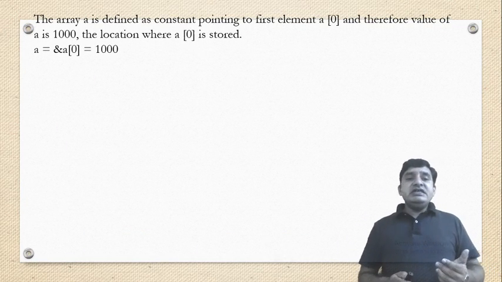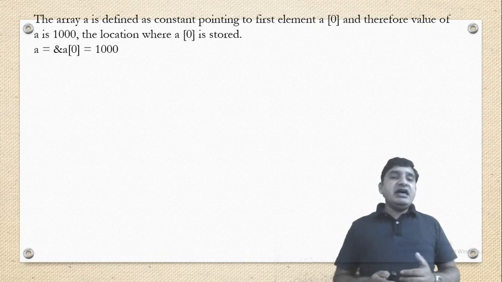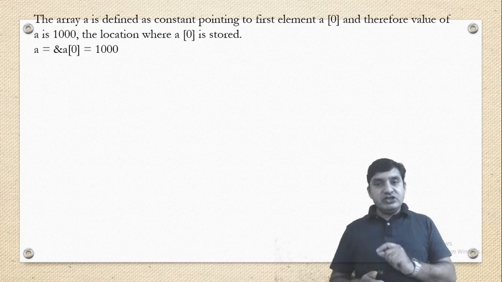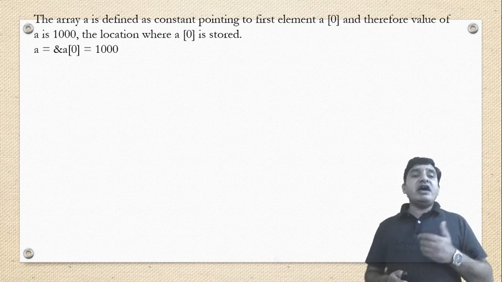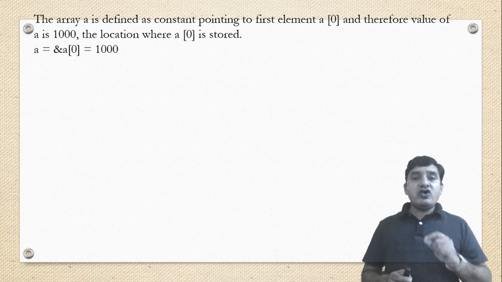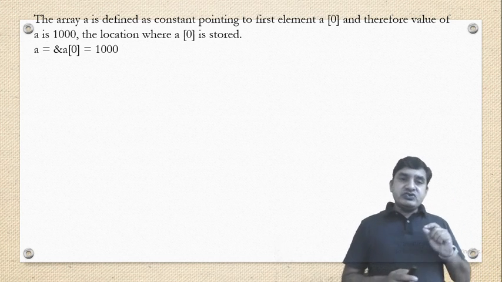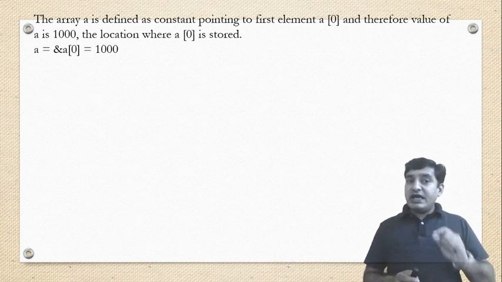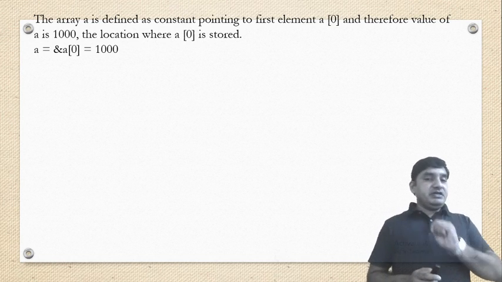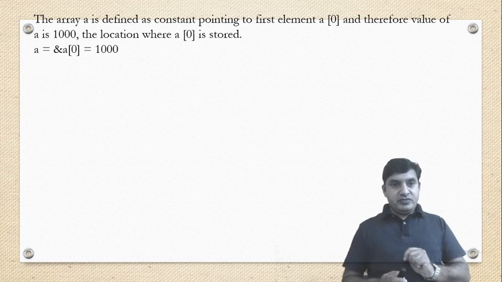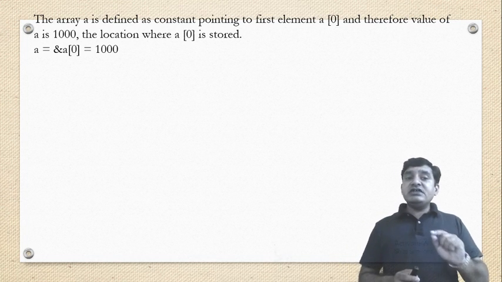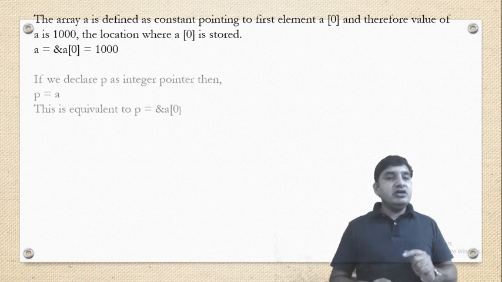The array a is defined as a constant pointing to the first element a[0], and therefore the value of a is 1000. The location of a[0] is stored, so a is equal to the address of the first element of the array.